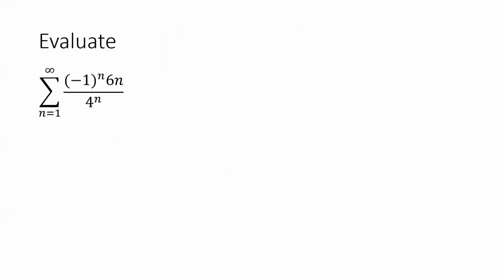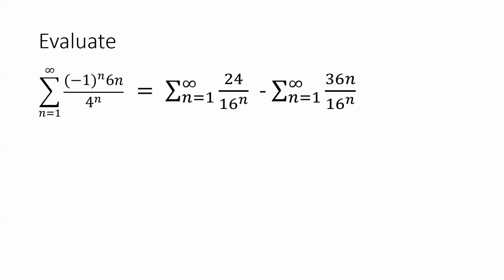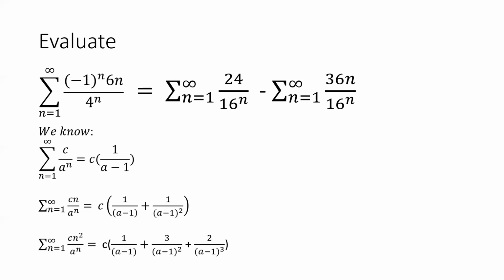So this original series can be rewritten as the summation of 24 over 16 to the n minus the summation of 36n over 16 to the n. And as I established, and I keep referring to my previous video, we established these 3 facts that we can simply pull together and get our solution.